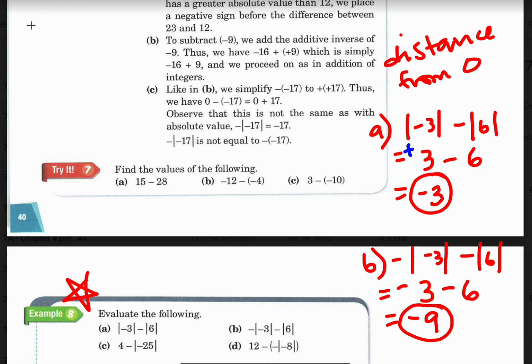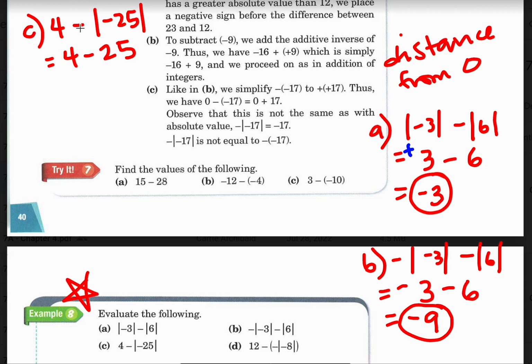Okay, let's take a look at C. C is 4 minus the absolute value of negative 25. Okay, 4 minus stays the same. Then we look at the absolute value of negative 25. It should be positive 25 because remember, absolute value is positive. Do not get tricked by this negative or this minus in the front there.